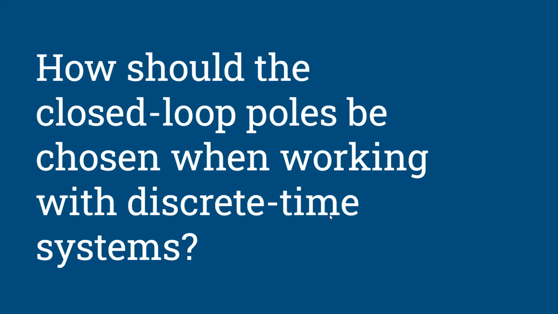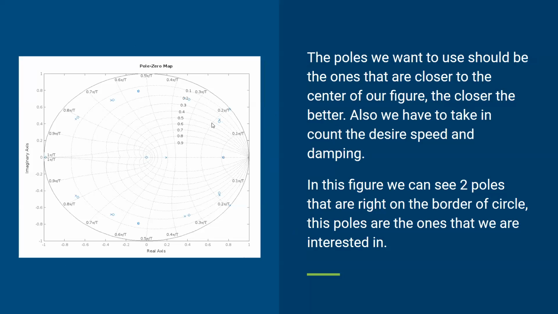How should the closed loop poles be chosen when working with discrete time systems? This is the map we get with our first poles. The poles we want to use should be the ones that are closer to the center of our figure. The closer, the better. Also, we have to take into account the desired speed and damping. In this figure, we can see two poles that are right on the border of the circle.